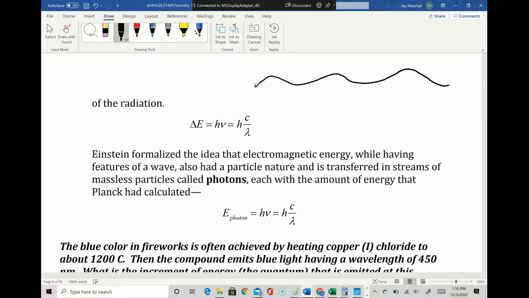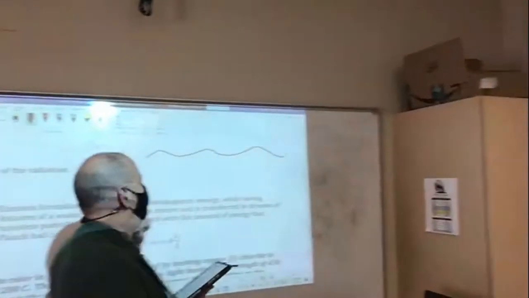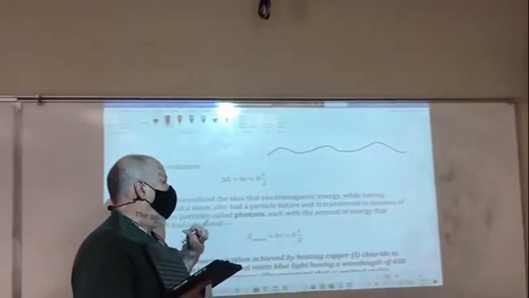But this wave is going to deliver a photon, or a packet of energy. It's not going to deliver a little bit of energy from this part, and a little bit from this part, and a little bit from this part. When the wave smacks something, it will deliver a photon of energy to whatever it hits, unless it passes through it and doesn't deliver its energy.